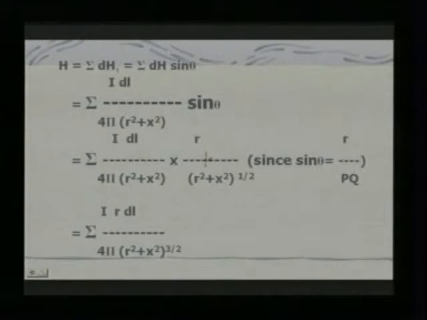Therefore, that is equal to sigma I dl by 4 pi (r square plus x square) multiplied with r by root over r square plus x square, since sin theta in the given circle is r by root of r square plus x square. Therefore, that is equal to sigma I r dl by 4 pi (r square plus x square) whole to the power of 3 by 2.